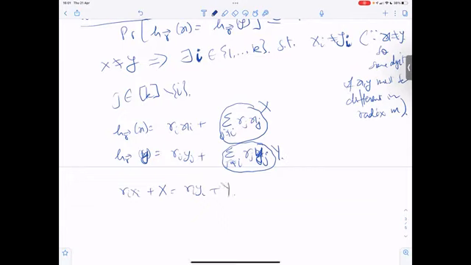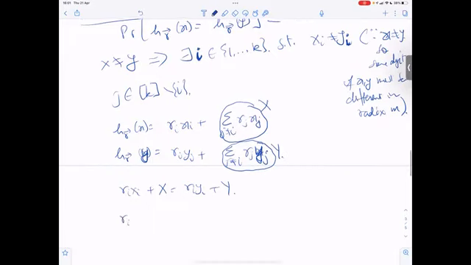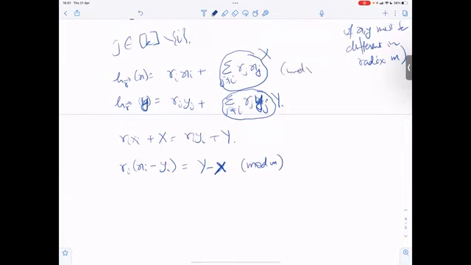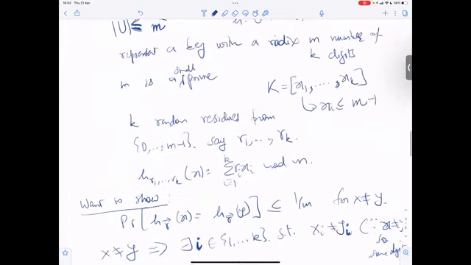Are you with me? Yes, sir. And now Ri times (xi minus yi) is equal to Y minus X. And all this calculation is modulo m, and m, recall, was a prime, a small prime.